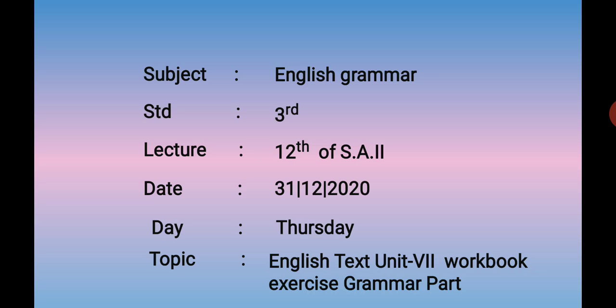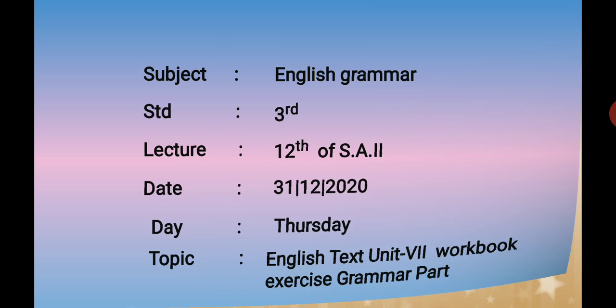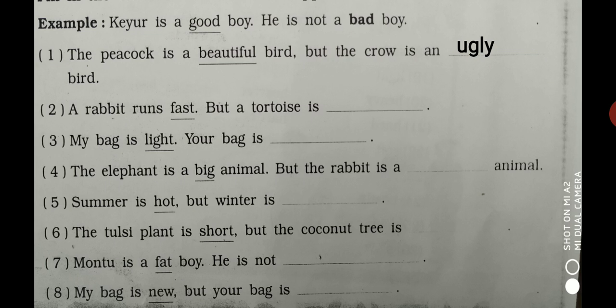Open your English text workbook, page number 19. Put the date and write CW and do the exercise with me. I hope you have opened page number 19 of your English text workbook. So let's start the exercise.